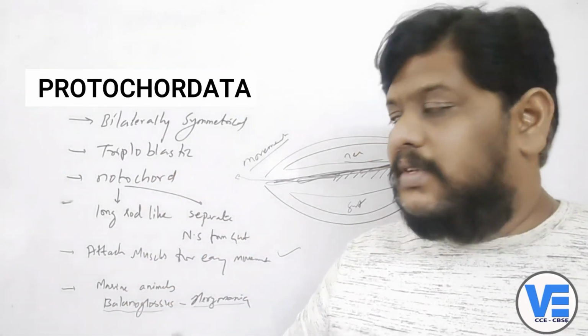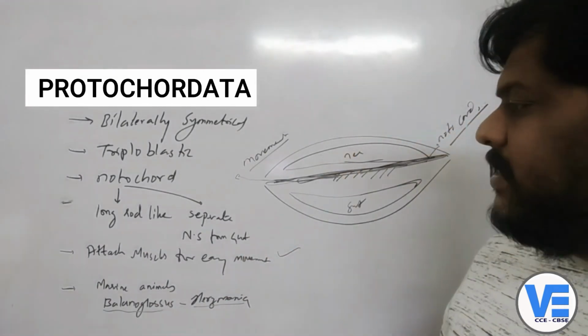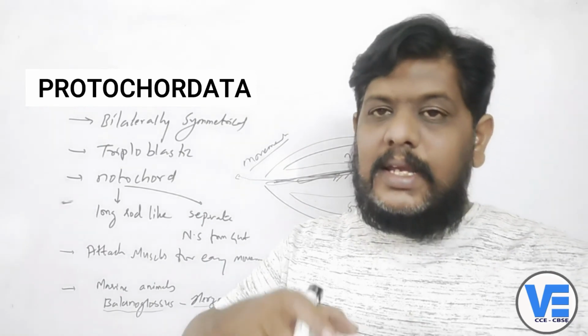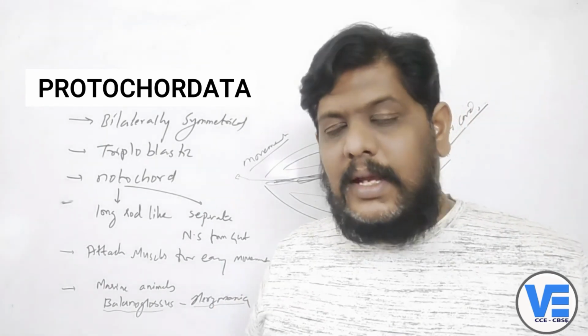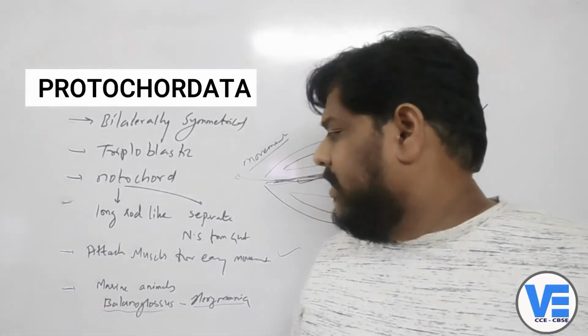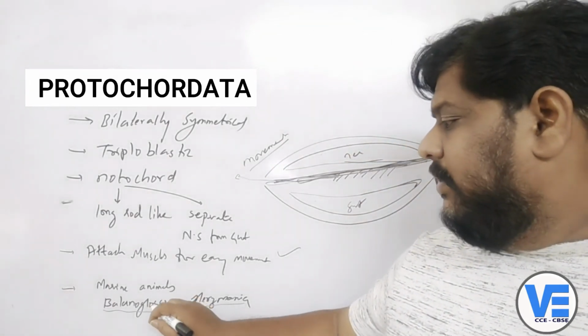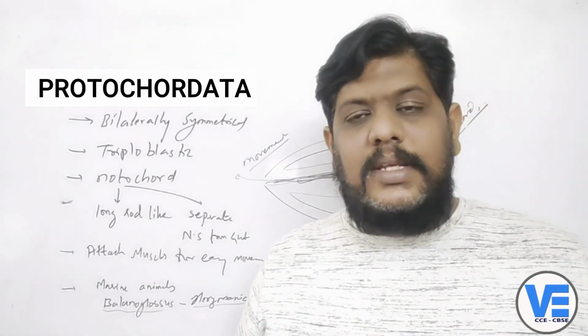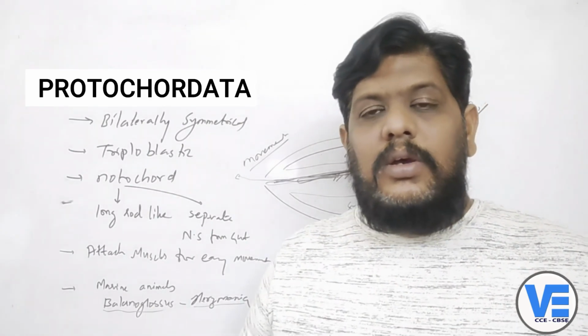They have the notochord, which divides the gut and the nervous system, a long rod-like structure onto which the muscles are attached, so that they can move from one place to another. It helps in the movement of the organism. And these are the examples here: one is Balanoglossus and the second one is Herdmania.